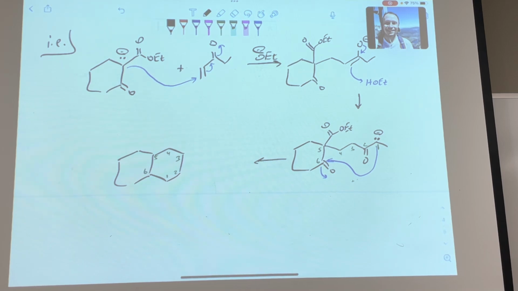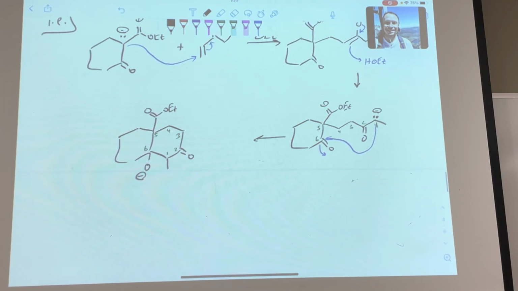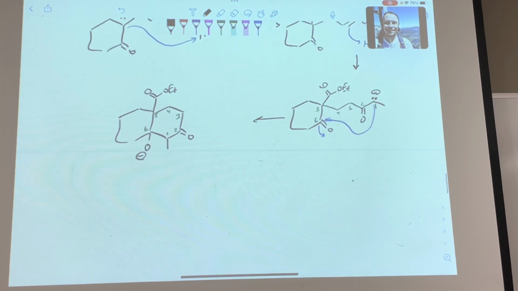So off of carbon 5, we have that ester that's just hanging out. Carbon 2 is the carbonyl. Carbon 1 is a methyl group sticking off. And then carbon 6 is my tetrahedral intermediate, which is going to go and protonate.